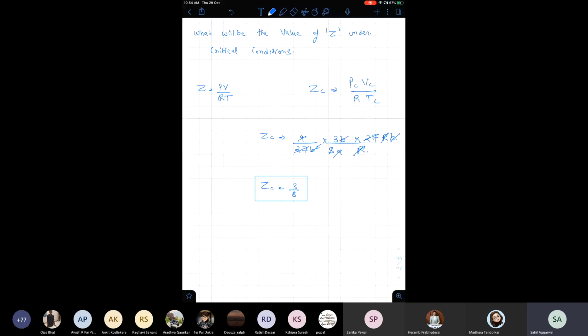It is a constant. Does not depend upon gas.